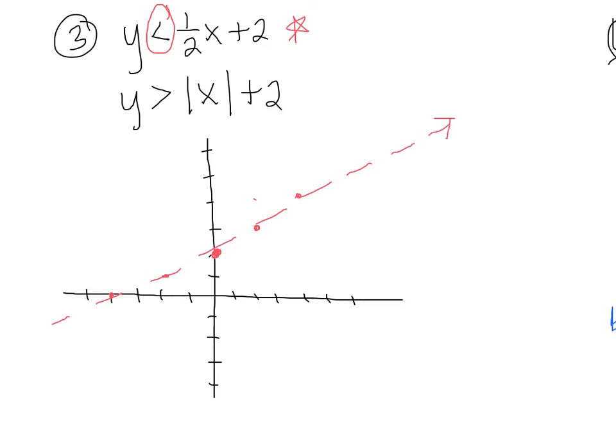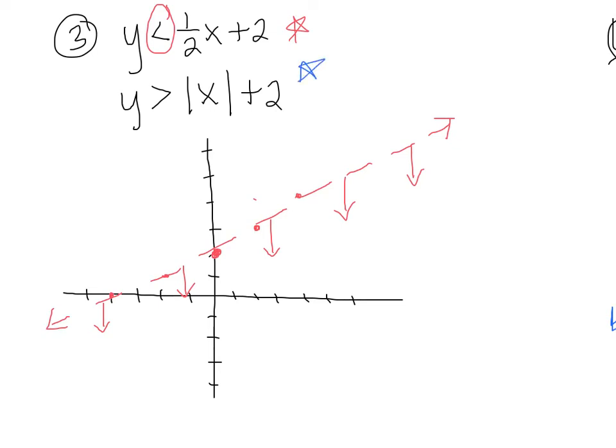Okay, so again, the points on the line are not a part of the solution set. Okay, and the shading should go down, right, because of the less than symbol. So points within the solution set are only points below this line.